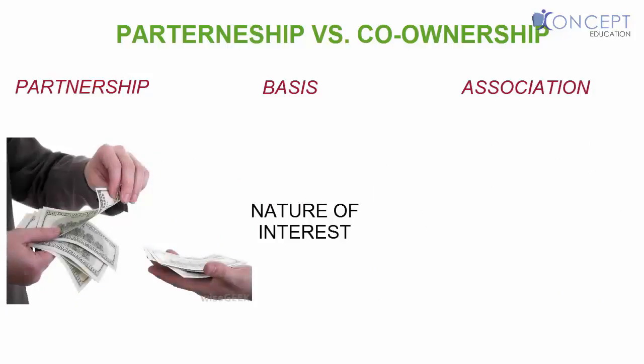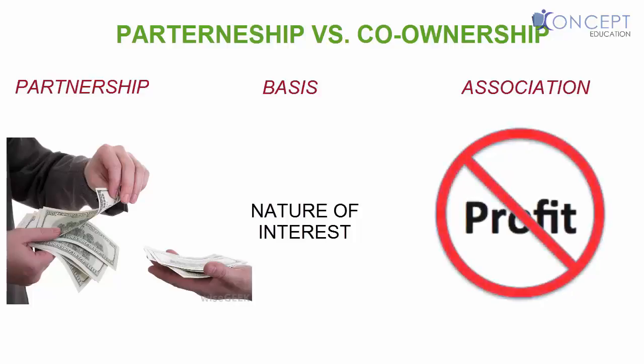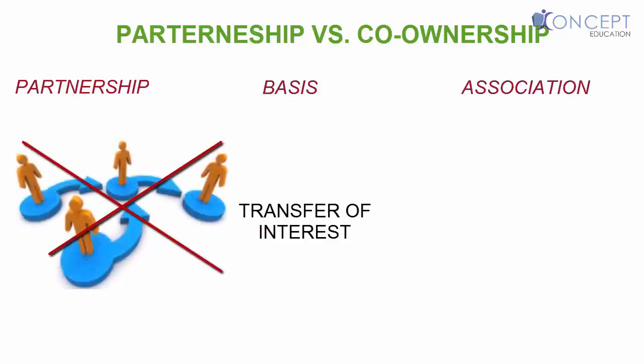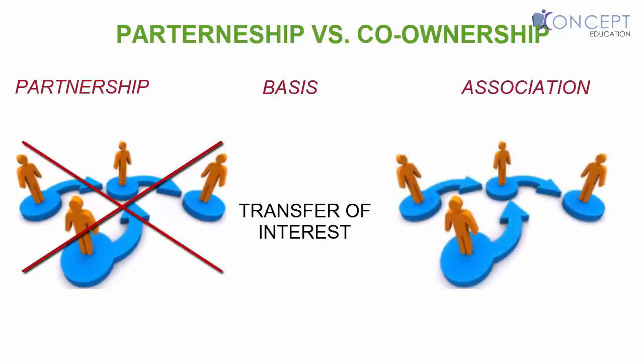There is community of interest, which means that profits and losses must be shared in partnership. Co-ownership need not necessarily be run for profits. A share in the partnership is transferred only with the consent of all other partners. A co-owner may transfer his interest or rights in the property without the consent of another co-owner.